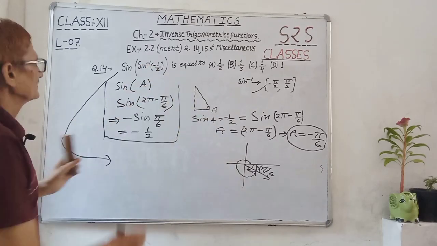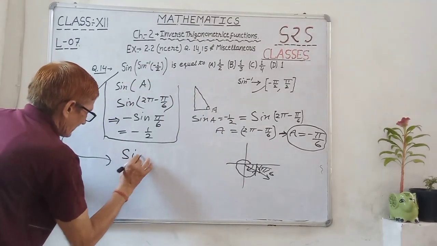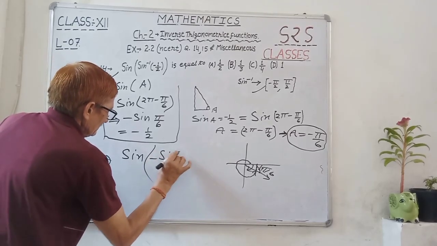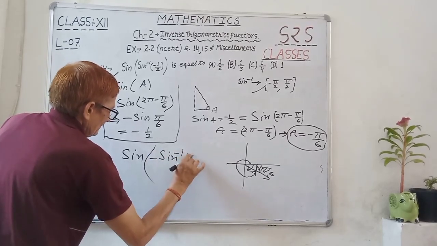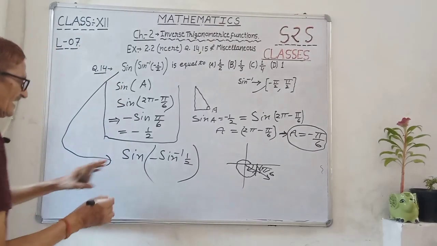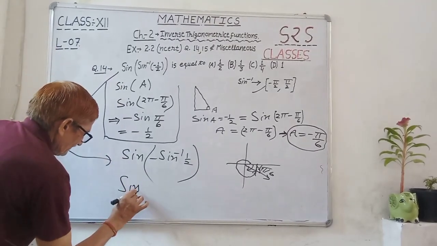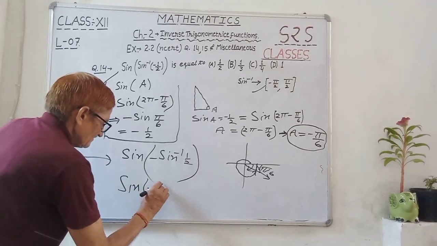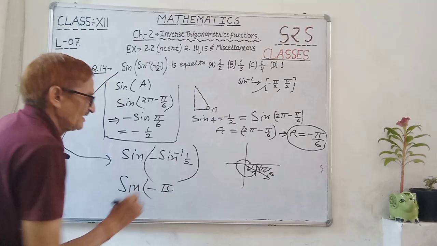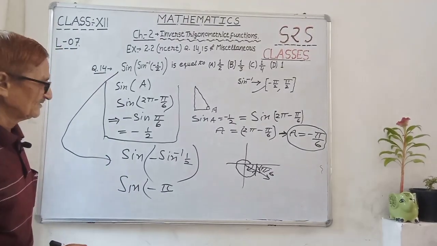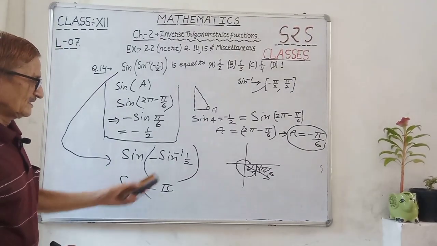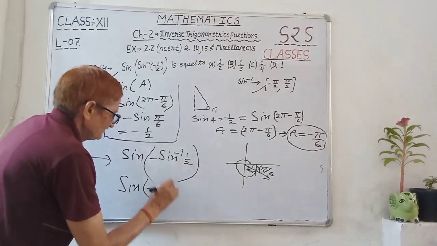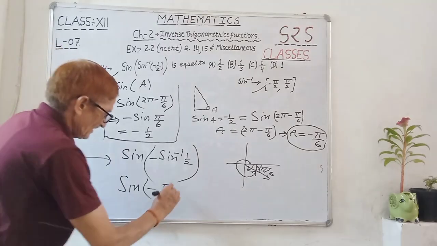If we write sine inverse of minus half as minus sine inverse of half, then minus stays as it is, and sine inverse of half is pi by 6 in the branch.